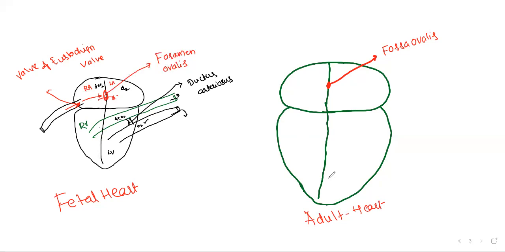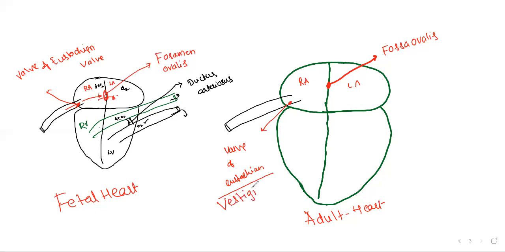You don't find any opening between the right atrium and left atrium. And the other thing we mentioned, the valve of Eustachian, is also going to be a remnant and become vestigial. We'll write here, the valve of Eustachian became vestigial, and the foramen ovale is turned into the fossa ovalis.